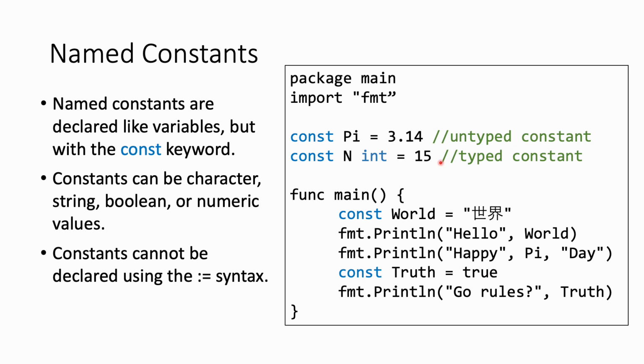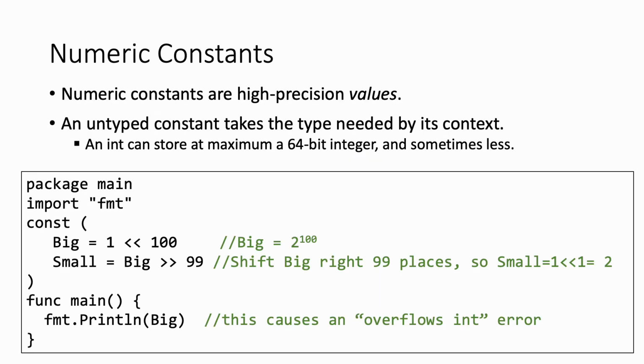And so here n is a constant of type int, and it has a value 15, and pi is an untyped constant, and its value is 3.14.